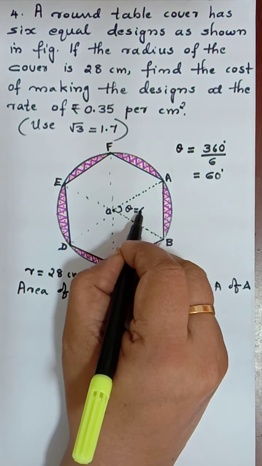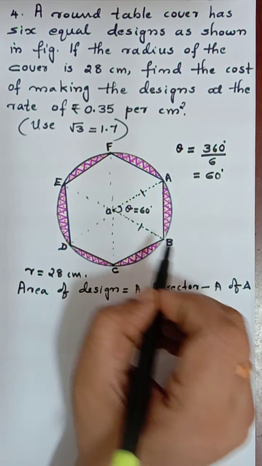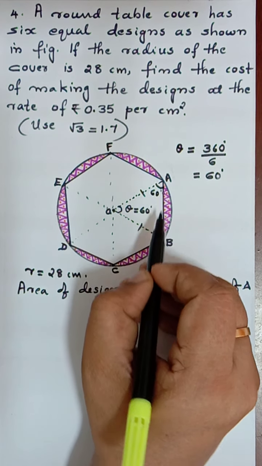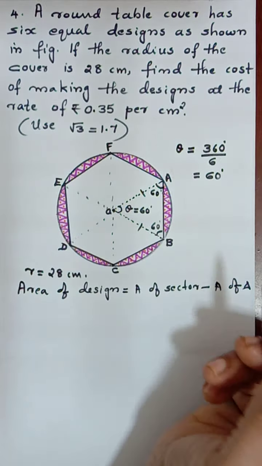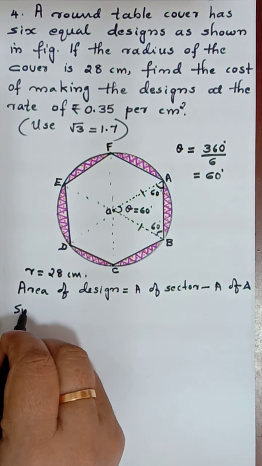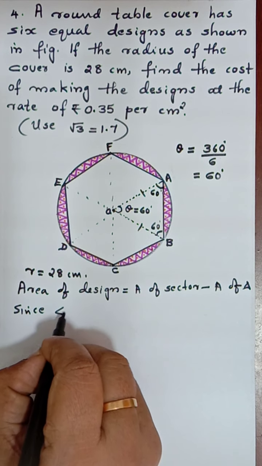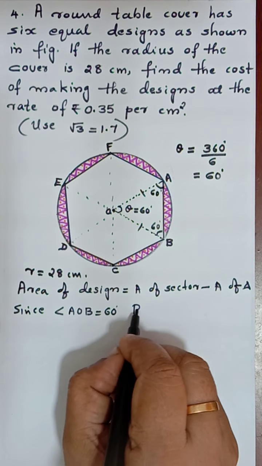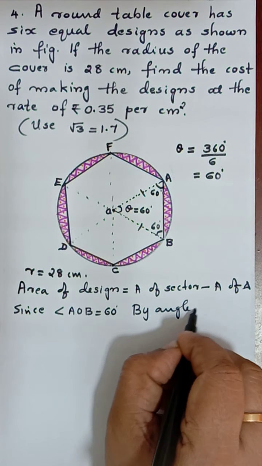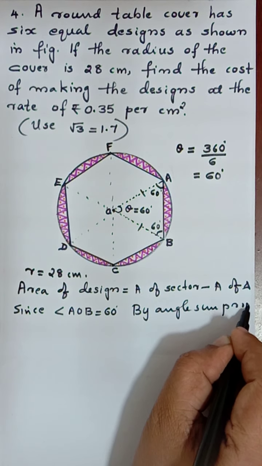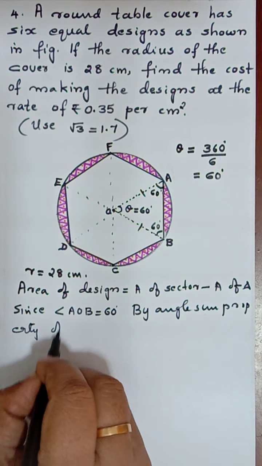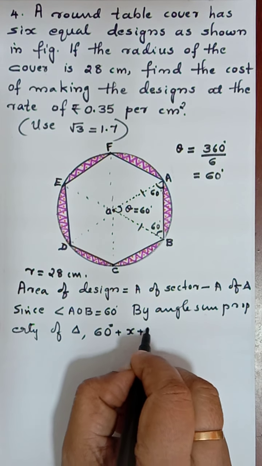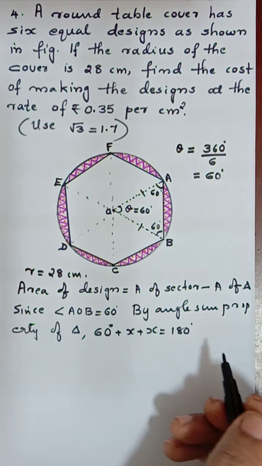So if this is 60 degrees, as we said, OA is equal to OB and this is 60. So each angle will be 60 degrees. That means it's an equilateral triangle. Since here we have to write the explanation: since angle AOB equals 60 degrees, by angle sum property of triangle, 60 degrees plus 2x is equal to 180 degrees.